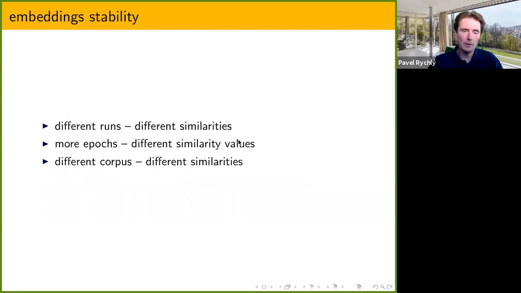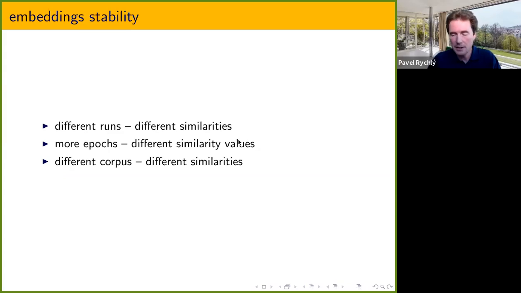For example, when we run several times the same algorithm with the same input, because of the random initialization, we get different results, which is expected, but the quality of the vectors are different.